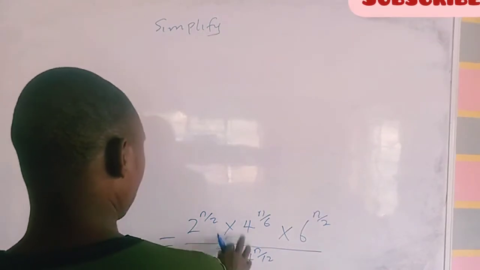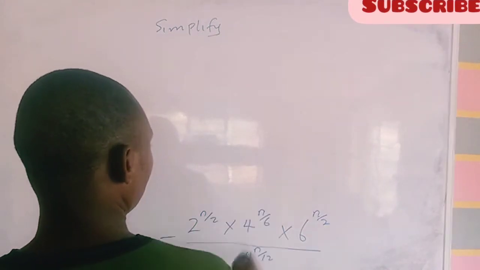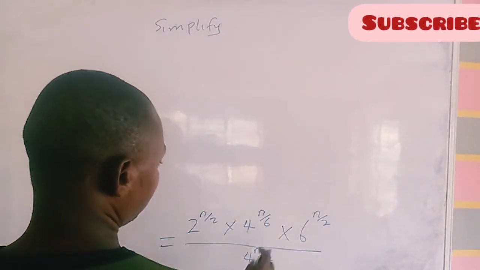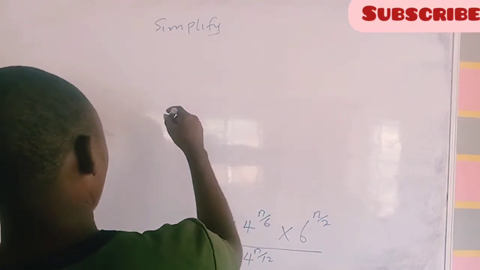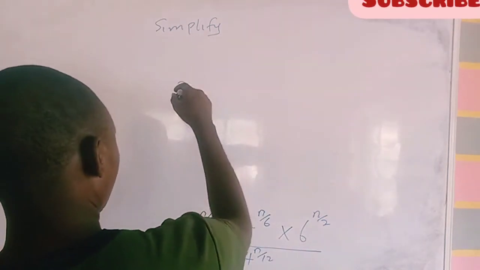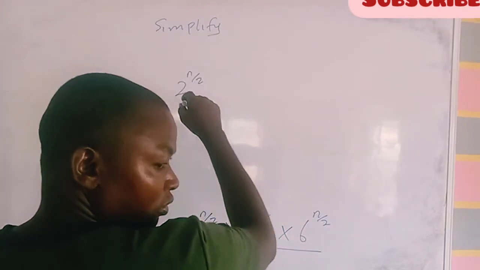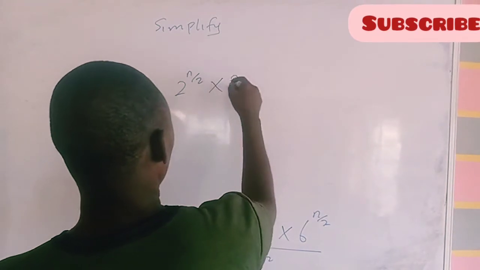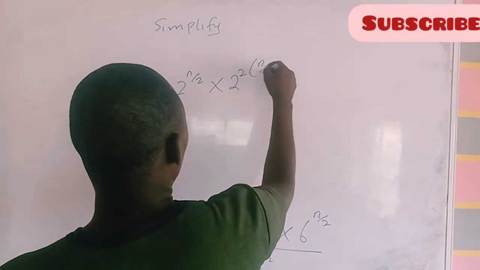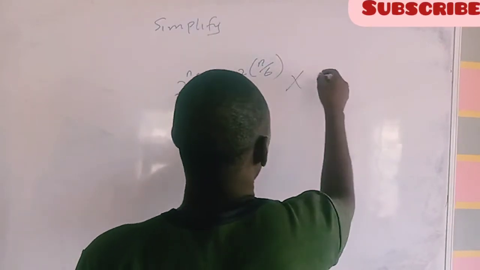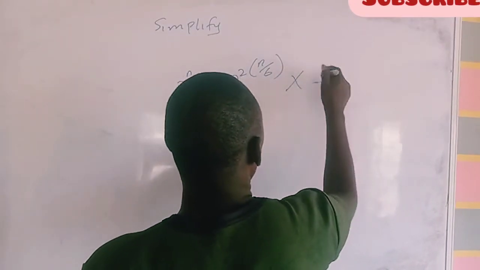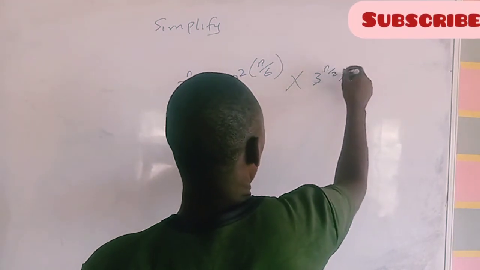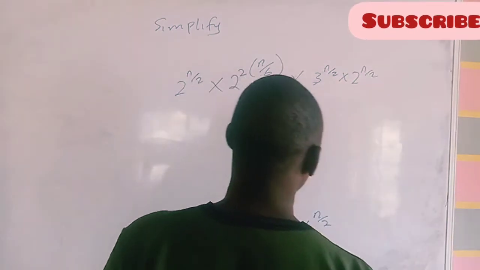I'll convert it so that they can have the same base. That means I have 2 raised by n over 2, times 2 raised by 2 into n over 6, times 3 times 3 raised by n over 2, times 2 raised by n over 2. Okay?